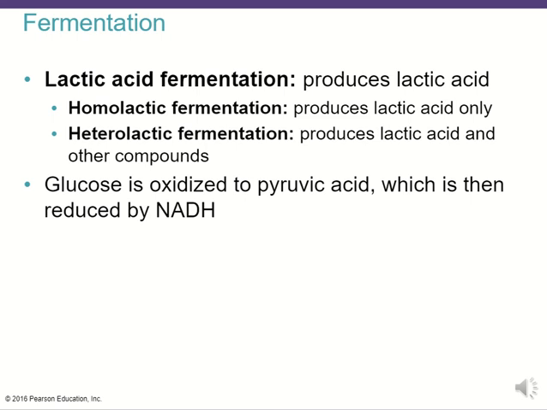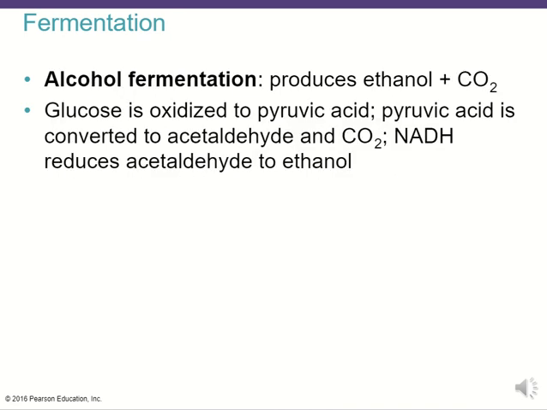Glucose is oxidized to pyruvic acid, but it's not further broken down, as in the case of aerobic respiration, but instead the process produces NADH. But in alcohol fermentation, which produces ethanol and carbon dioxide, glucose is oxidized to pyruvic acid, and then pyruvic acid is converted to acetaldehyde and carbon dioxide.